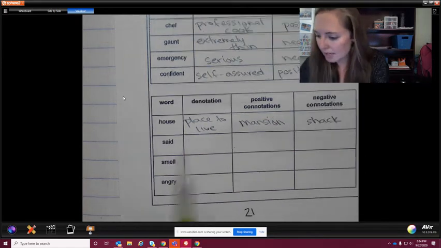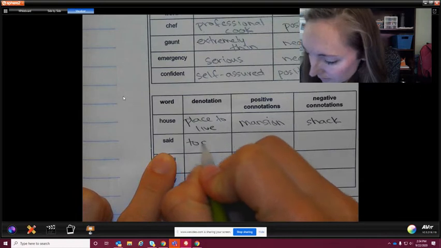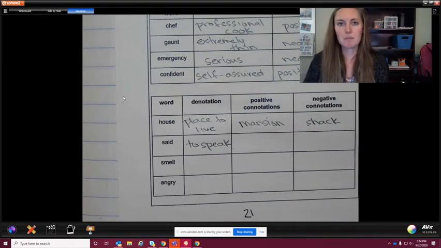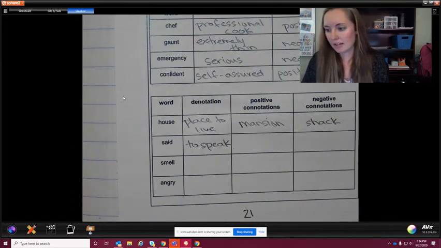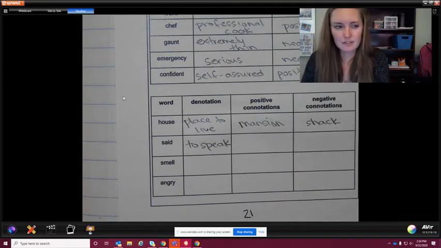Okay, you have the word said. That just means to speak. So again, we're going to try to figure out a different word that could be positively connotated, meaning to speak, and then one that's also negative. And this one's kind of hard to say. I don't know, like the word said, it's just the word said.